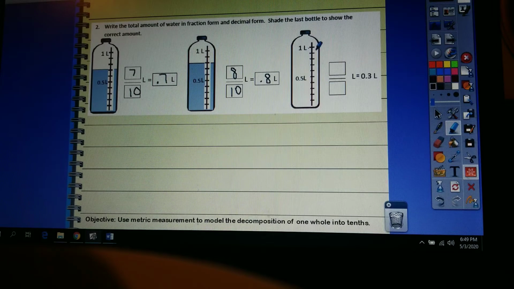All right, so this last one, it gives us the amount, which is decimal point 3, which is 3/10. If we have 3/10, is it going to be down below 5/10 or above 5/10?